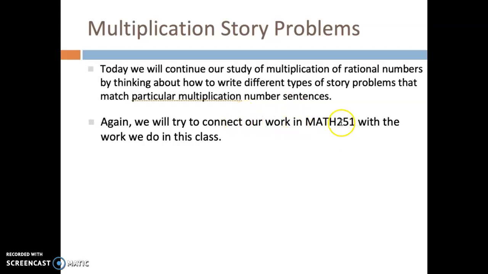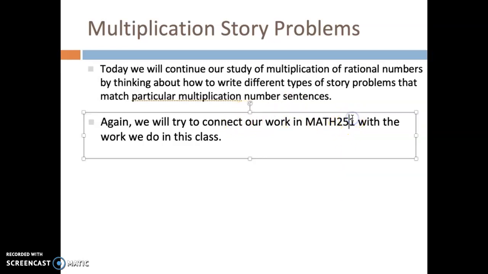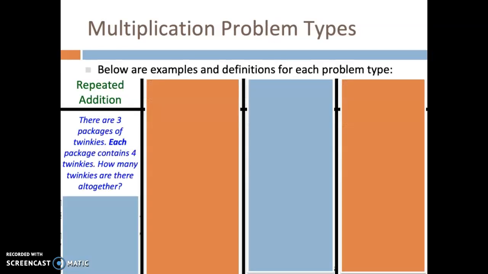Okay, we're going to try to connect our work in your Math 172, which is your Math for Teachers 1, with the work that we do in this class and video. Okay, so multiplication story problems. Let's look at the different types. The first type is repeated addition.